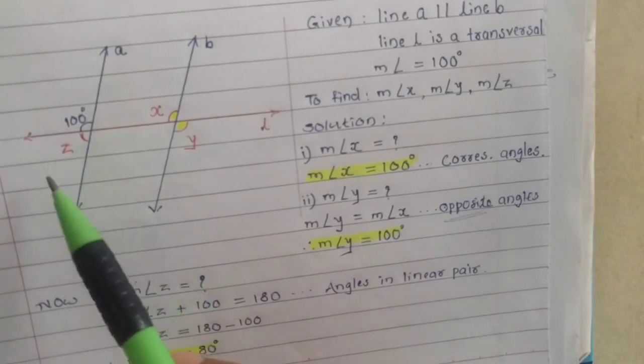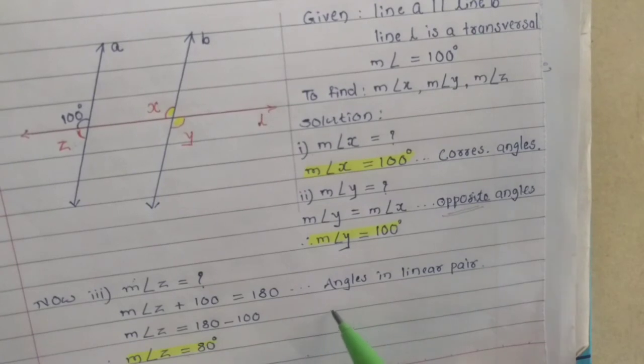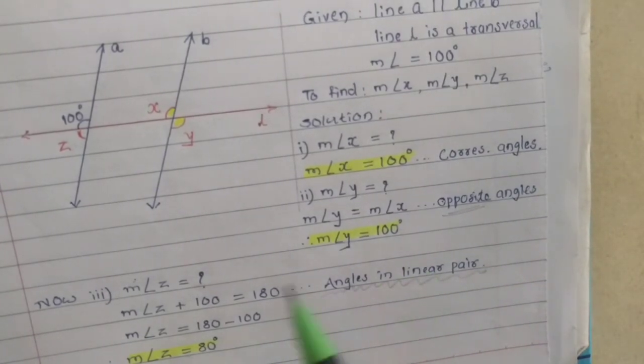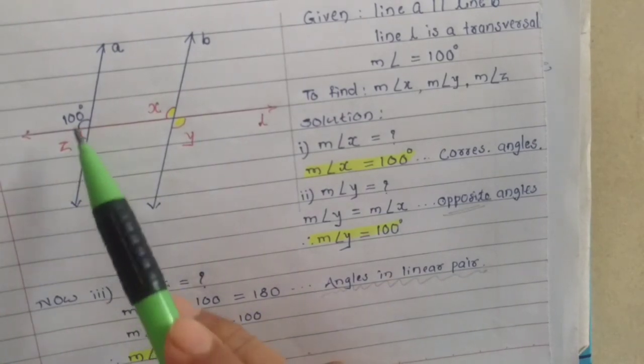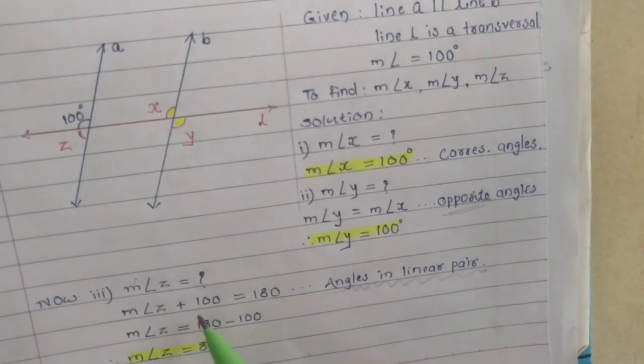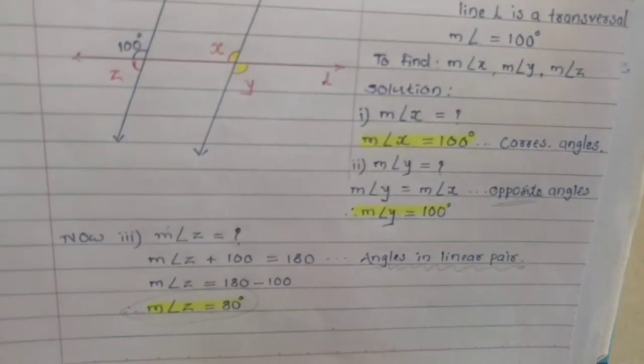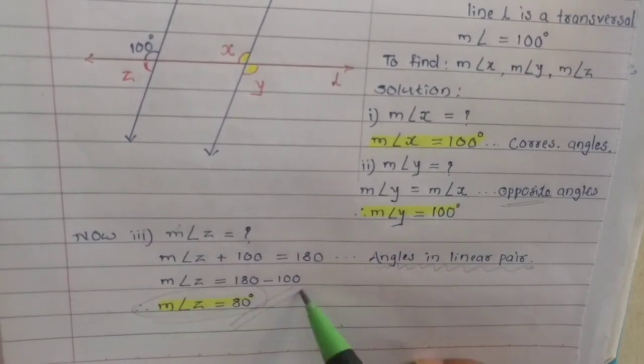That's why here we write angles in a linear pair. The sum of both is 180 degrees. Angle Z and 100 make 180 degrees. Then we get the last answer, the measure of angle Z is equal to 80 degrees.